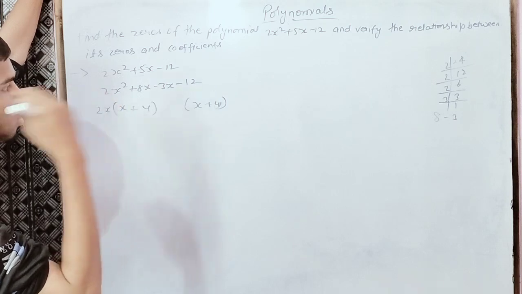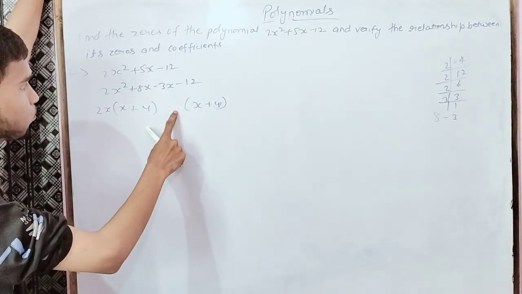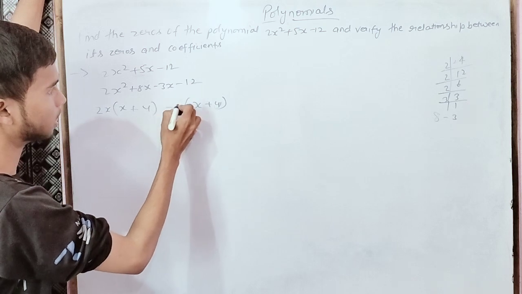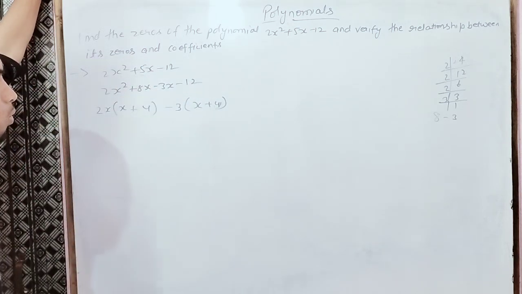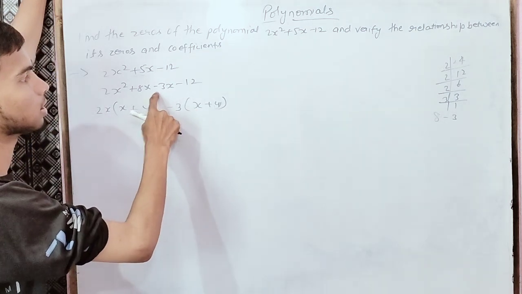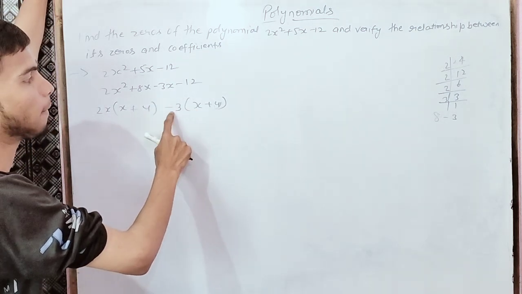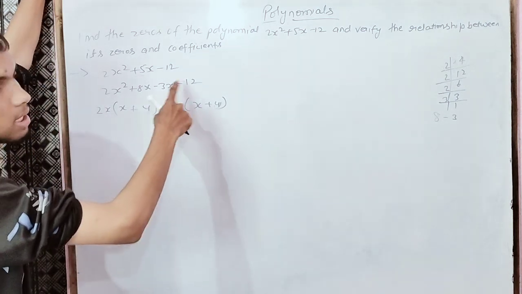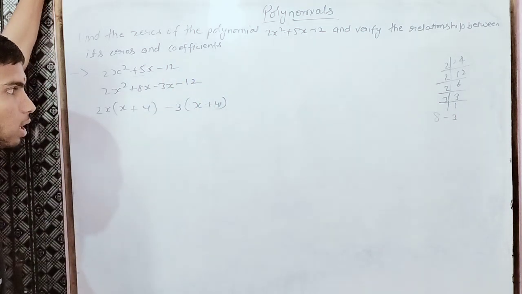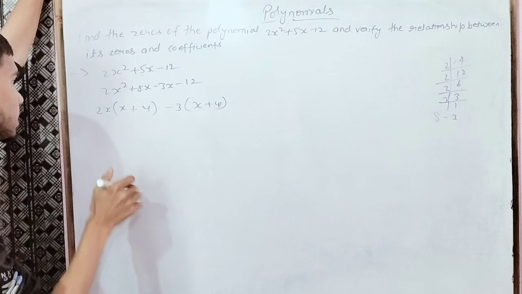Now what will be here? So here minus 3, so we will write minus 3. Why? Because when we multiply this with this, then this will happen. Minus 3 multiplied by x will be minus 3x, minus 3 multiplied by 4 will be minus 12. So till here it is correct.